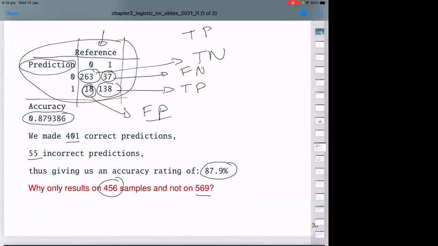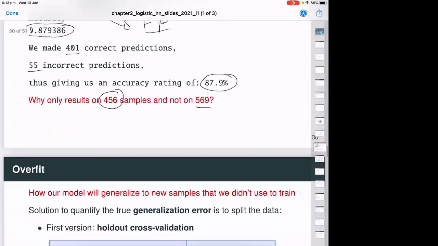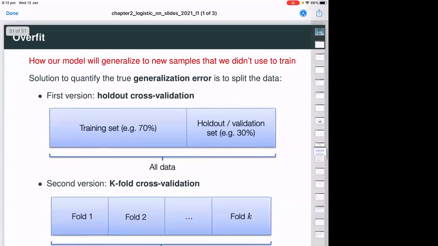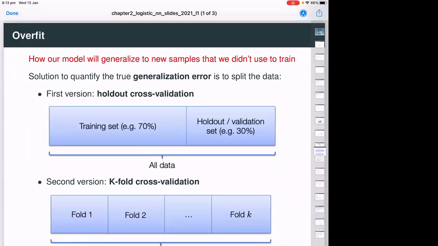I need to build a classifier which will be good for a new patient, so I need to evaluate my model on the test set. The way to do this is called generalization. We want to know how our model works on new data we haven't seen in the training part.